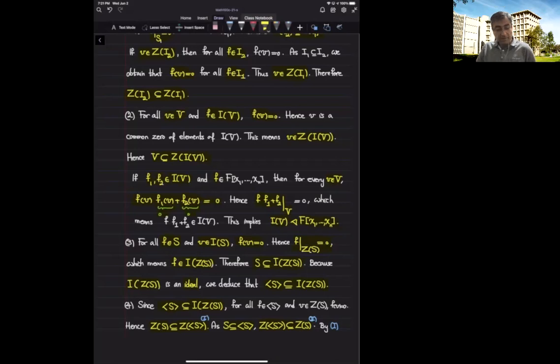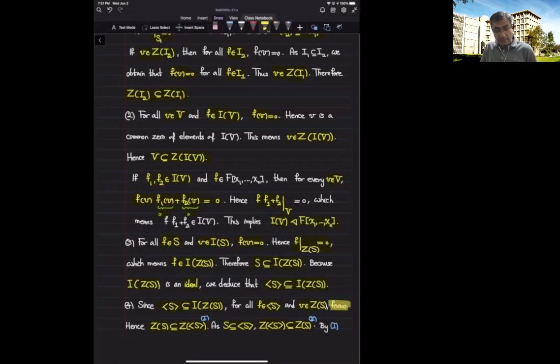Now, to see part 4, using part 3, we know that the ideal generated by S is a subset of I of Z of S. What does that mean? It means for all F inside the ideal generated by S, and every V inside the set Z of S, when I restrict F to this set, I get 0.